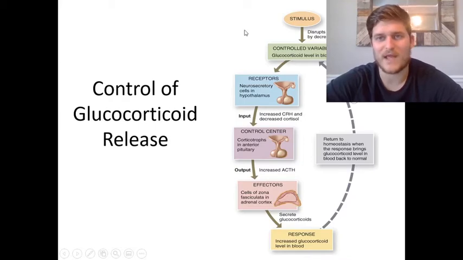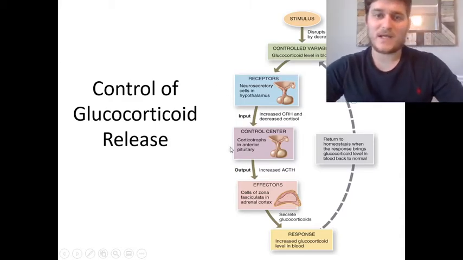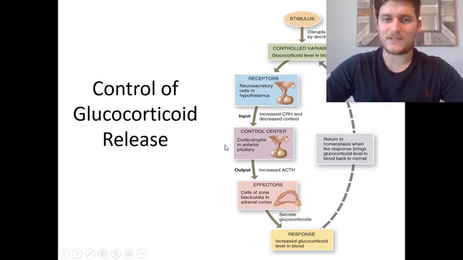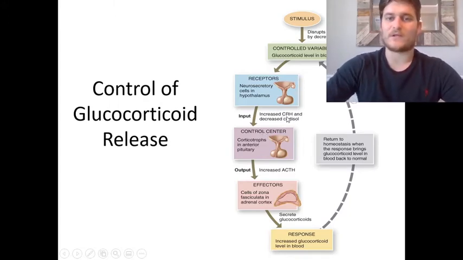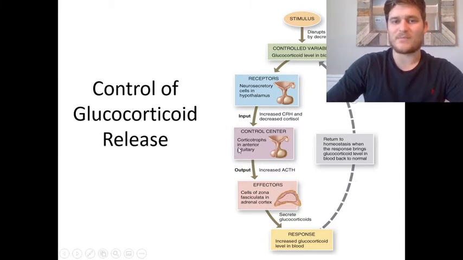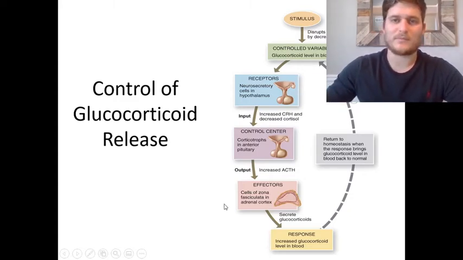And so let's say we have a stimulus that decreases our level of glucocorticoids. Well, that's going to be picked up by receptors in our hypothalamus, and then that in turn is going to lead to the release of corticotropin releasing hormone, which then stimulates the corticotropes of the anterior pituitary to release ACTH, and then ACTH will lead to increased secretion of glucocorticoids throughout the bloodstream.